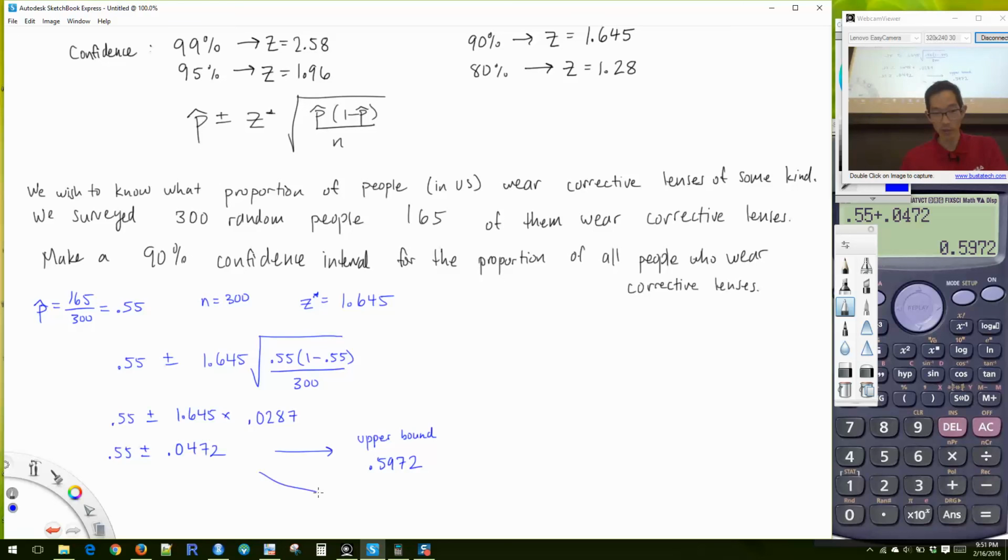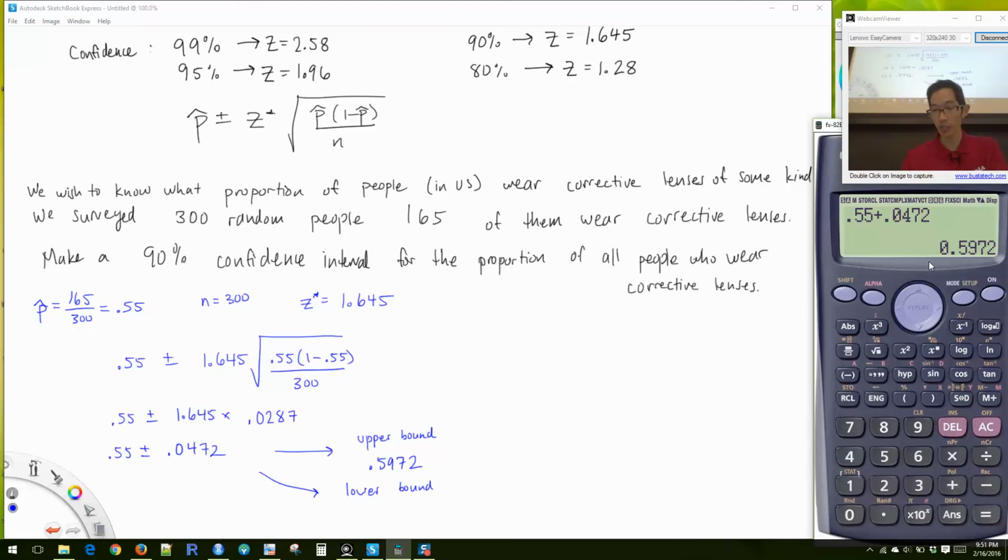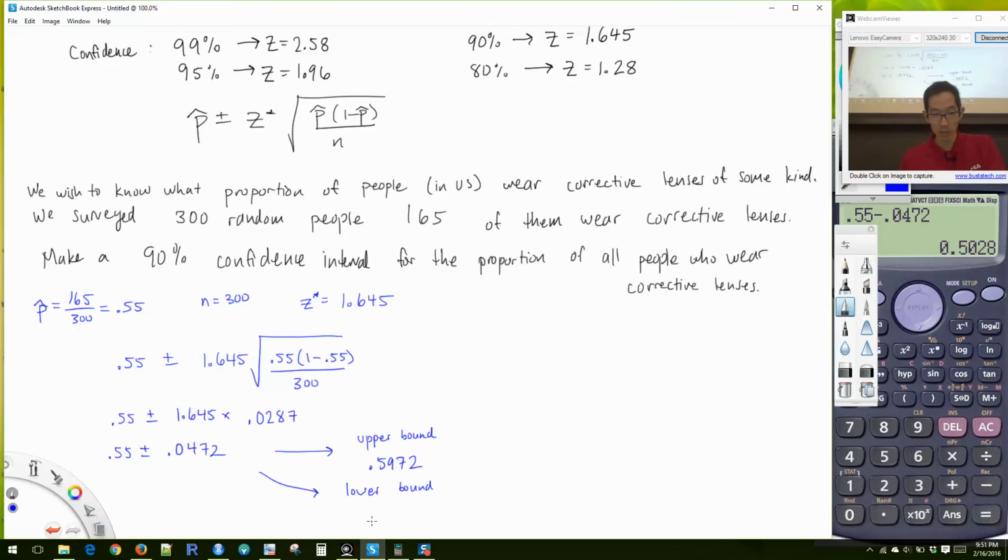My lower bound will be what happens if I subtract 0.0472. So 0.55 minus 0.0472, and on the lower bound I have 0.5028.